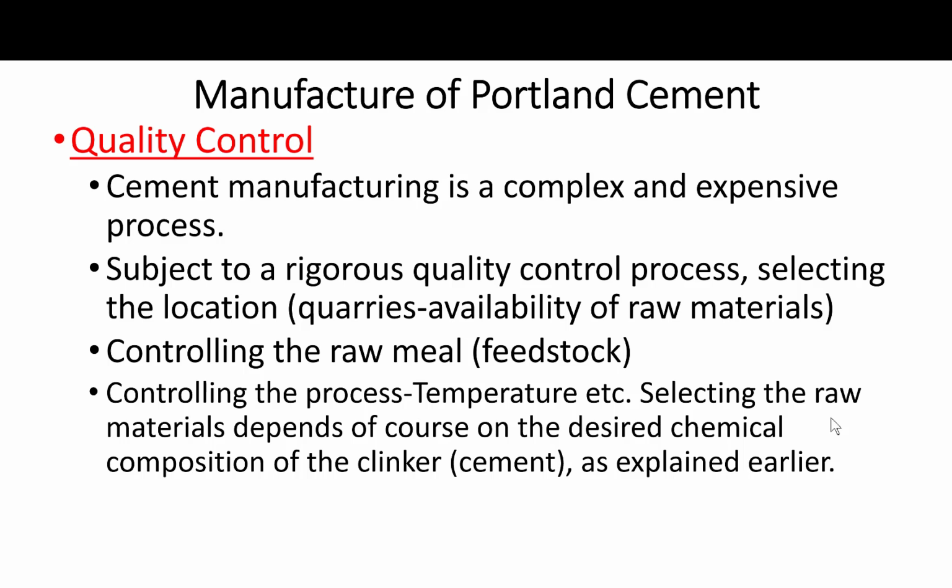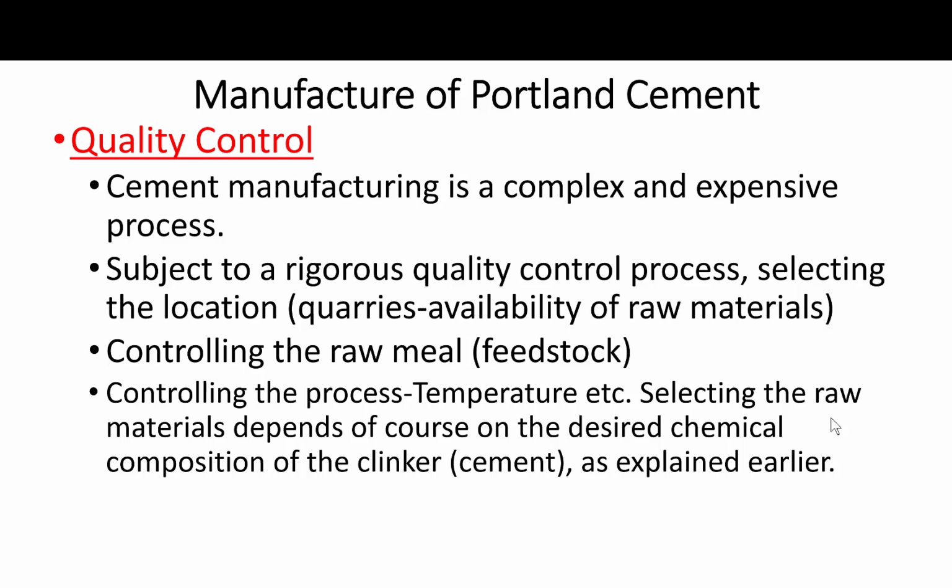Okay, so there has to be a rigorous quality control process in cement making. Cement manufacturing is very complex and extremely expensive, so there is almost no room for error, because any mistake is expensive.